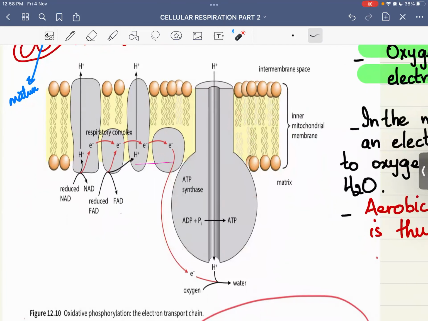I'm going actually very basic because अभी time नहीं है, because there's just 2 minutes left. And I also have to hurry for Jumma and all. So this is how it is. Okay? We are using the energy of electrons to make ATP.